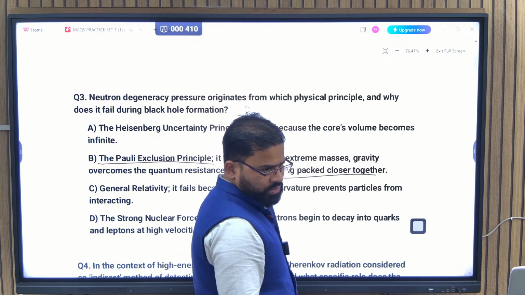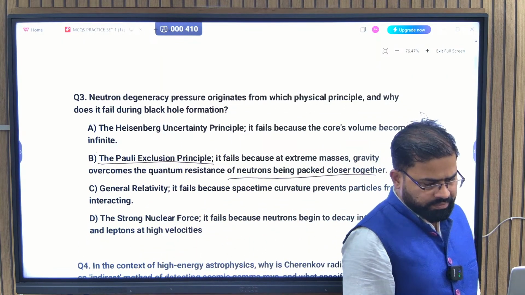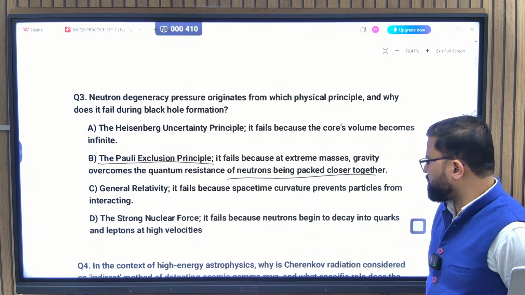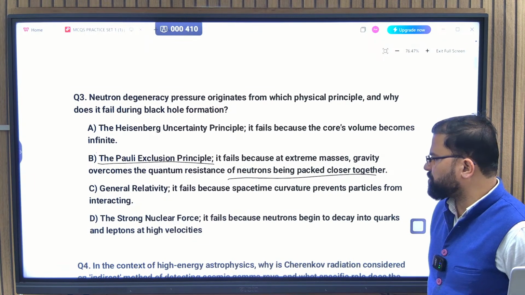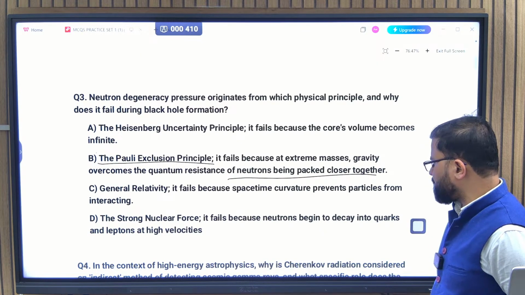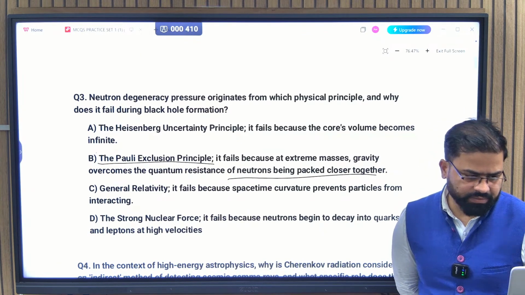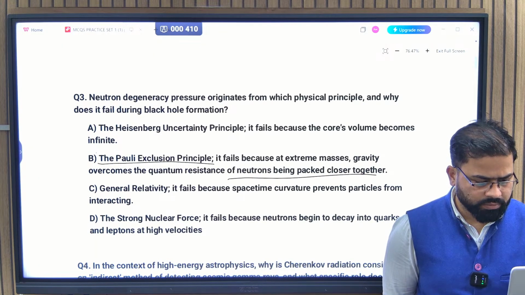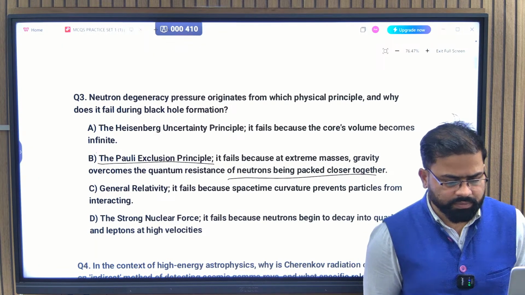C. General relativity, it fails because space-time curvature prevents particles from interacting. D. The strong nuclear force, it fails because the neutrons begin to decay into quarks and leptons at higher velocities. What will be the answer?